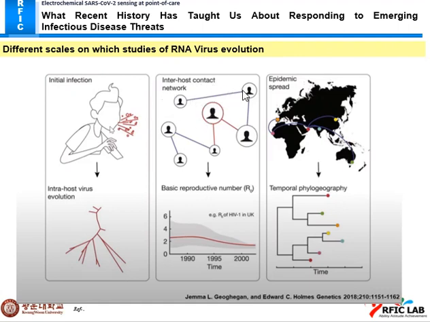One person is infected and then transmits the virus to another person, and then we check the basic reproductive number, in how much time the virus number gets doubled or tripled on the basis of persons. Epidemic spread. Then we need to check the temporal phylogeography using bioinformatics. So this is a way how we can check the scales of RNA virus evolution.